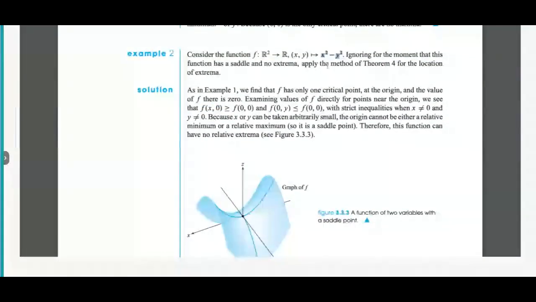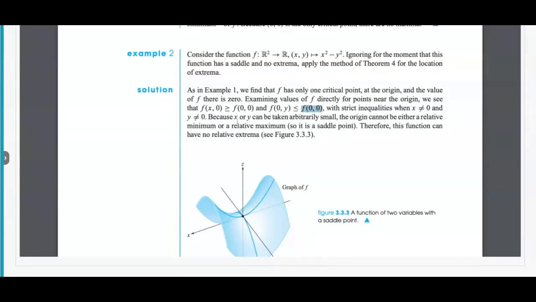We see all the points are greater than or equal to 0. f of (0, 0) is 0. And if we let x be 0 and hold y, so y runs over the whole real line, because this is a negative y squared, right? We see f of (0, y) is less than or equal to 0.